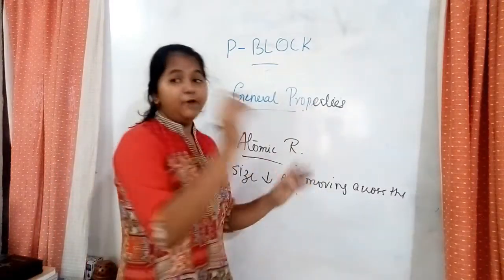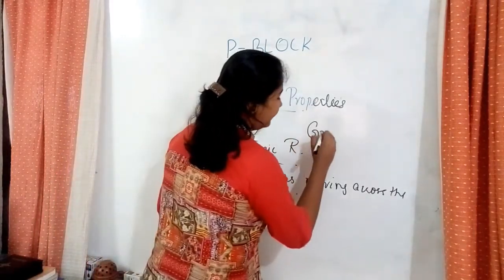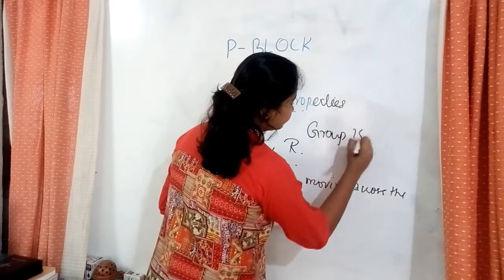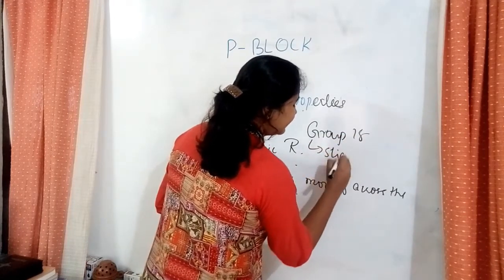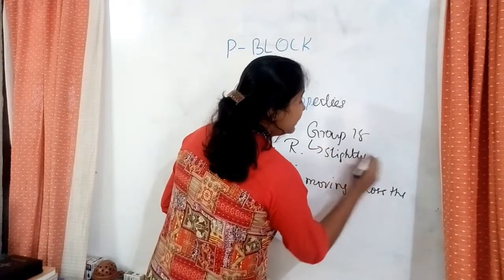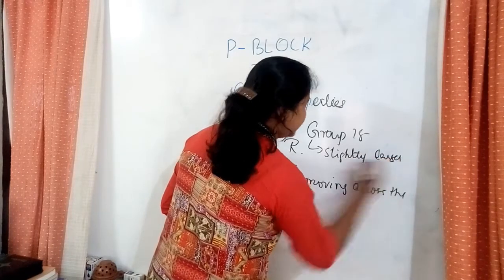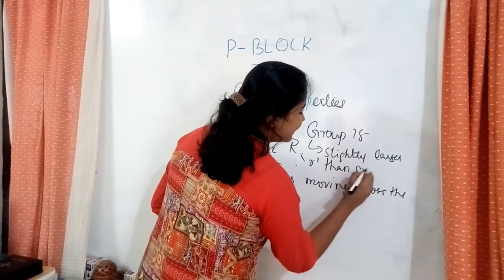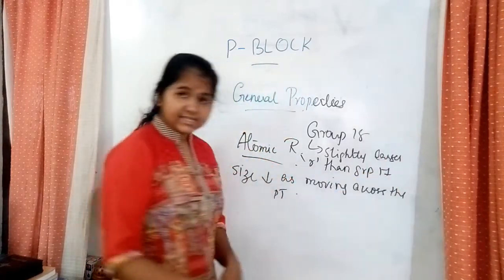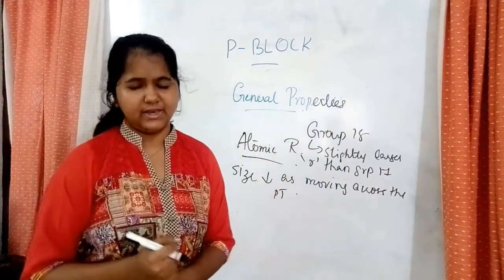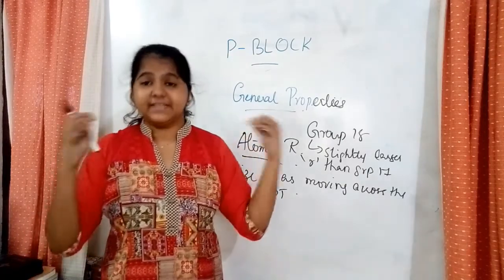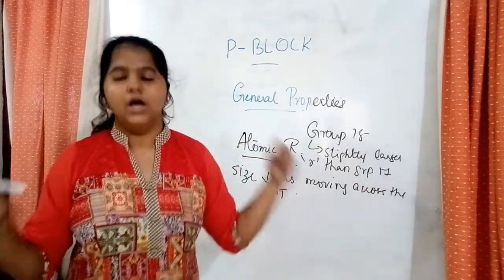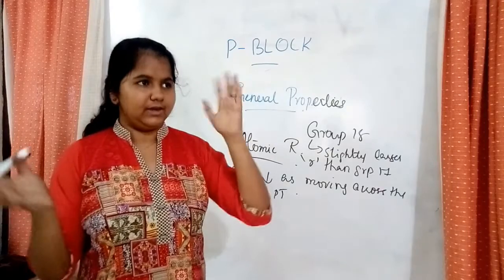In the case of group 18 elements, let me write, slightly larger radius than group 17. Why is that? There must be a reason. We have learned about different radii and different forces in our previous classes.